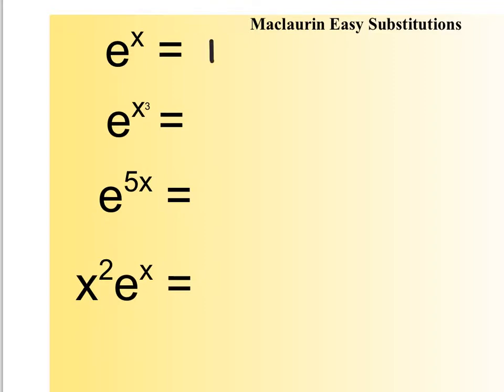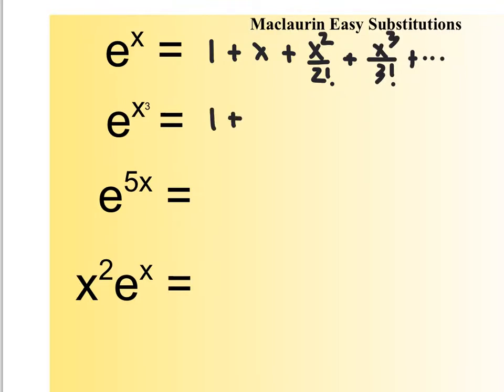So e to the x is 1 plus x squared over 2 factorial, and down the line, as we know, x cubed over 3 factorial, and I'll stop there. Instead of taking derivatives of e to the x cubed and building your polynomial the way we've traditionally done, if it's a Maclaurin series, you can just plug in x cubed everywhere you have an x.